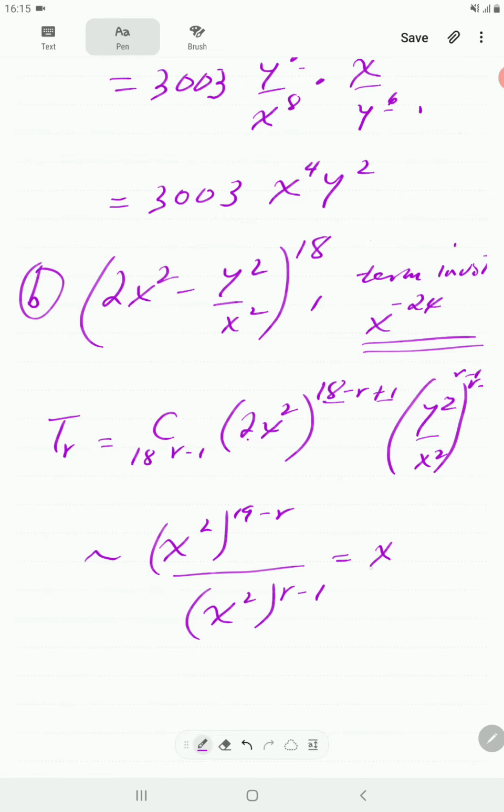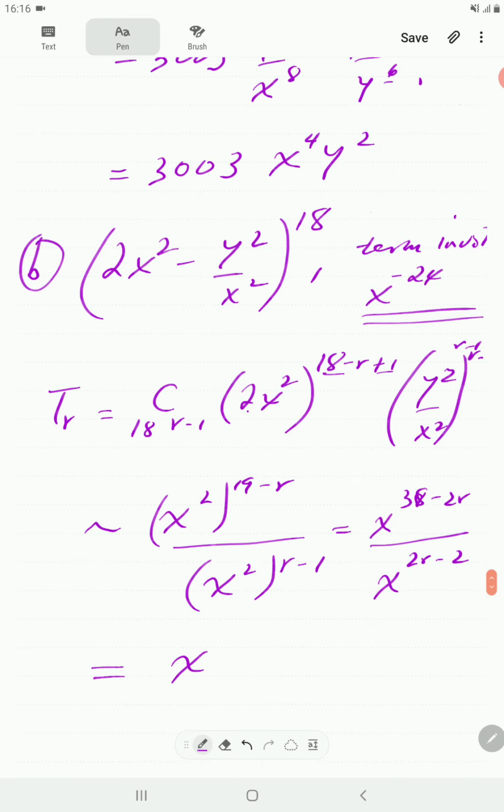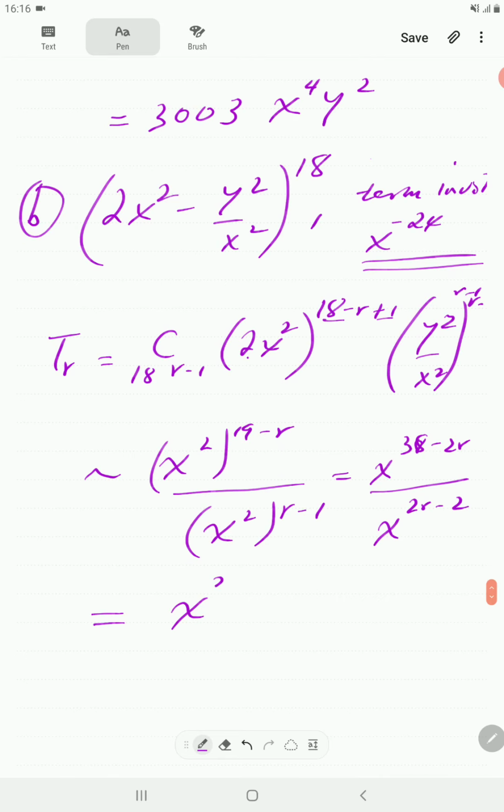The numerator works out to x to the power 38 minus 2r. The denominator works out to x to the power 2r minus 2. Then when we subtract these two, we're going to have x to the power 38 minus 2r minus 2r minus 2.